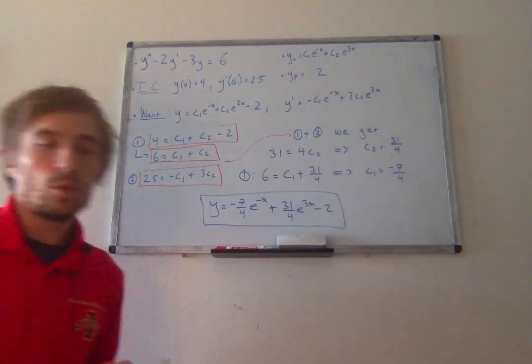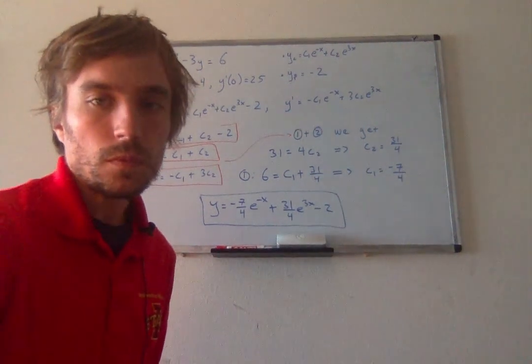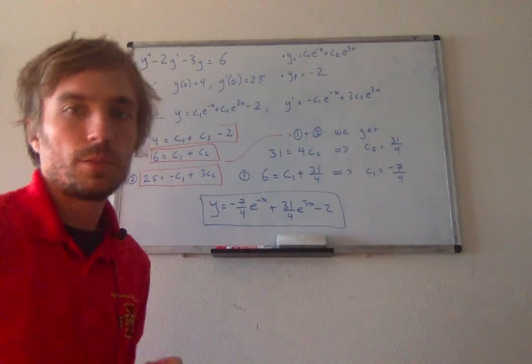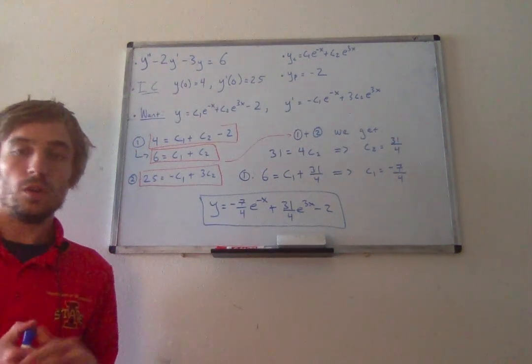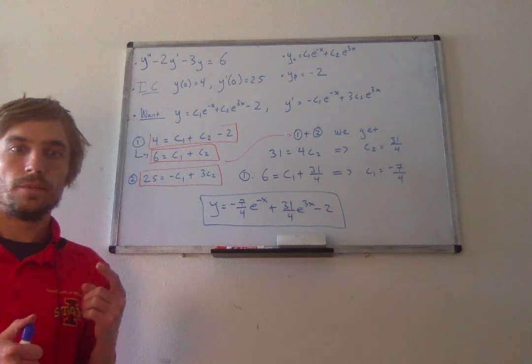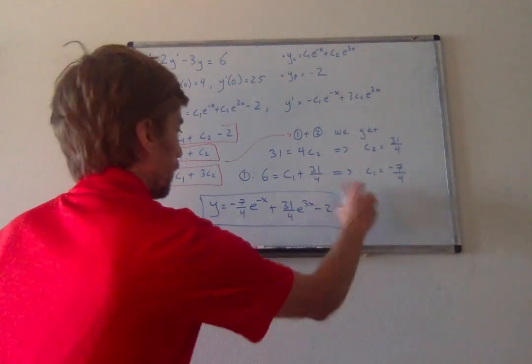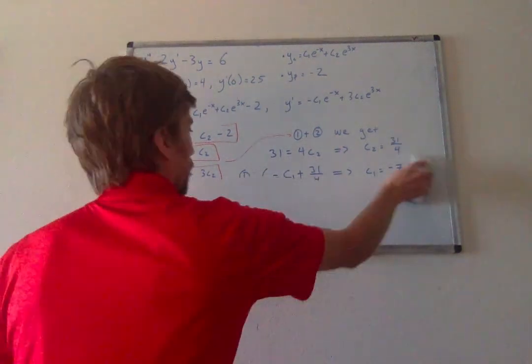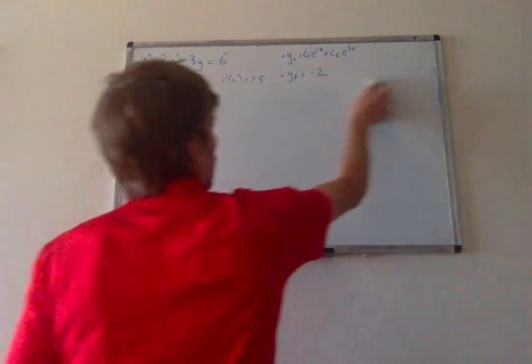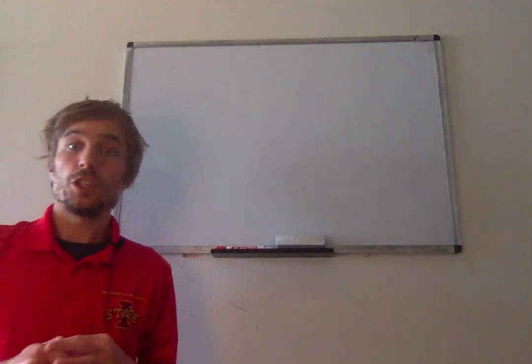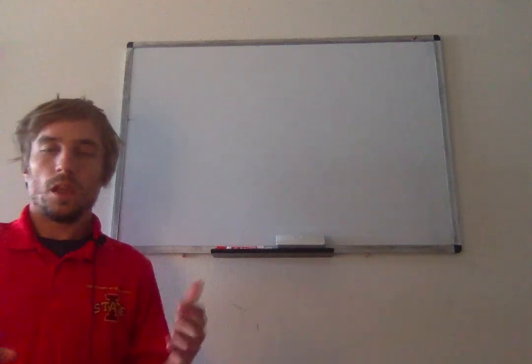All right, one more problem. And this is actually going to be very similar to a problem that we worked through last week. We're going to use the reduction of order method again.